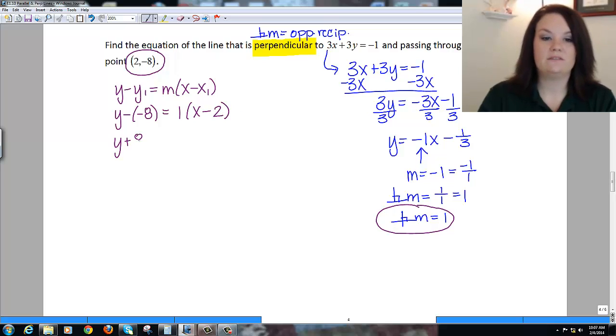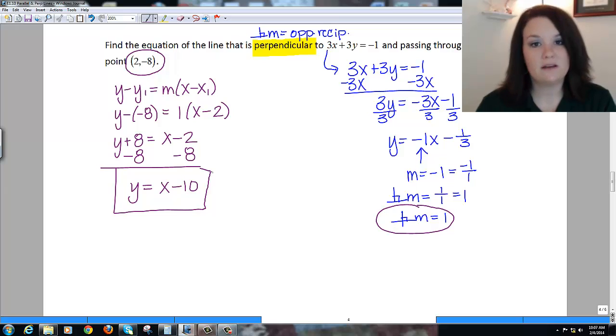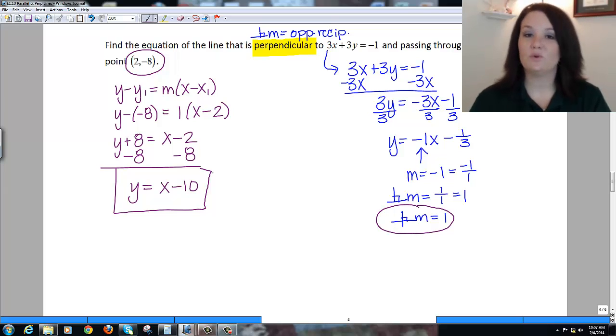My double negatives here become positive. If I distribute the 1, I get x minus 2, and then I just need to move my 8 to the other side. So I end up with y is equal to x minus 10. And this is the equation of the line in slope-intercept form that passes through the point 2, negative 8 and is perpendicular to the line they gave me.